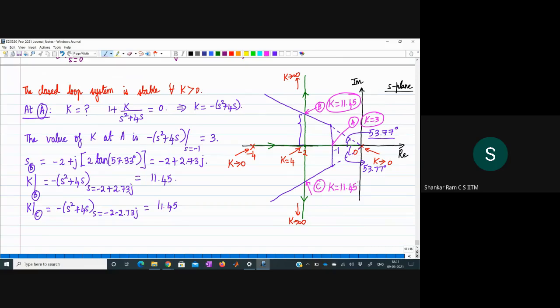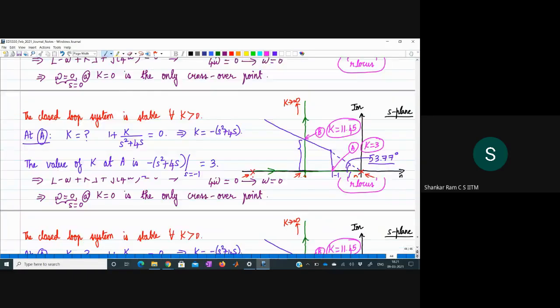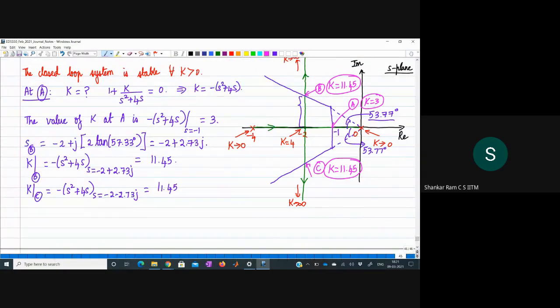So this is something which is very interesting, right? We can immediately see from the root locus that for K greater than 3, we are going to have the settling time criteria satisfied, because both my root locus branches will be to the left of the vertical line at minus 1.